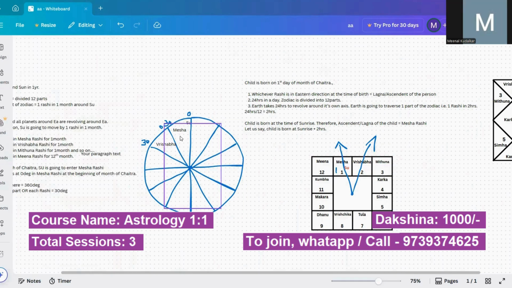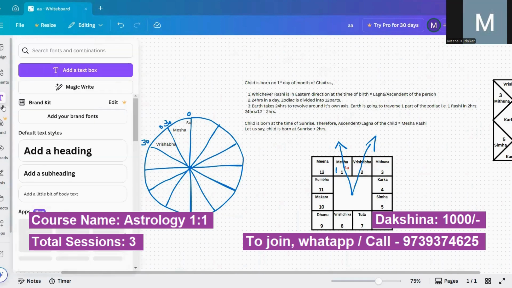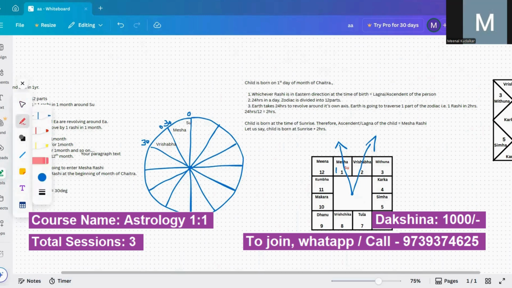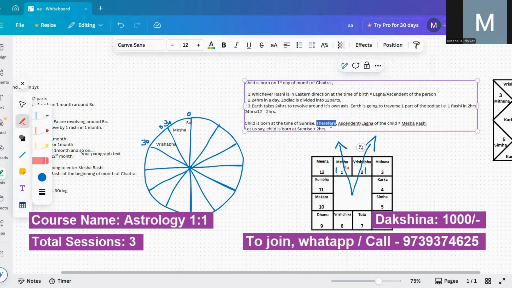So then this will become the ascendant of the native. If we now go back, let's write it here. Let us say the child is born at sunrise plus 2 hours.